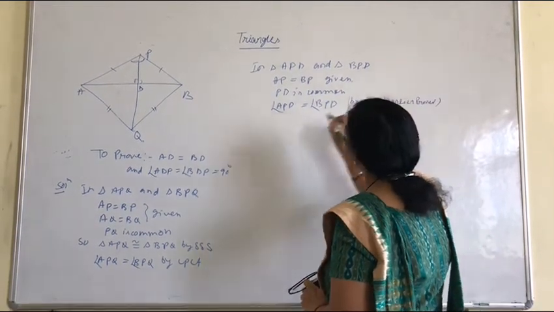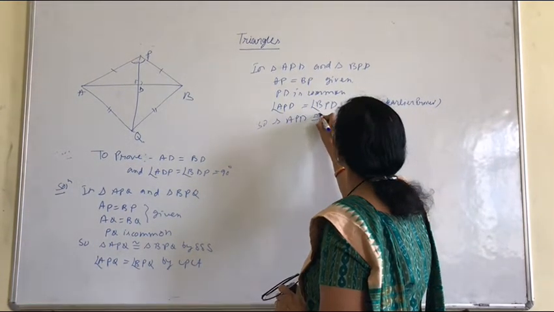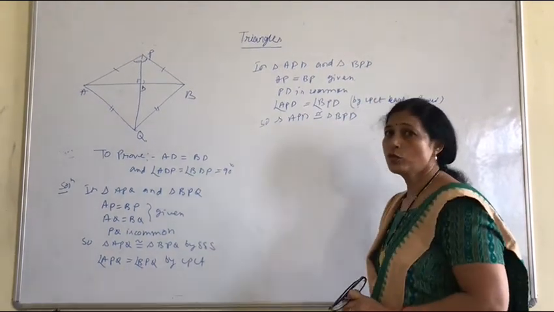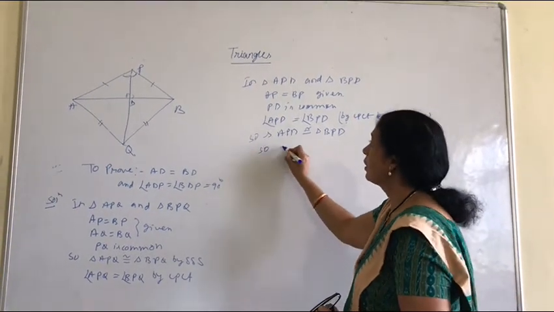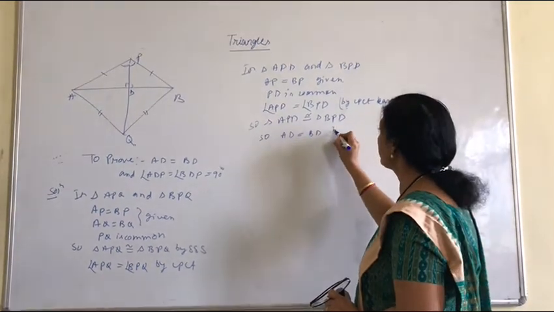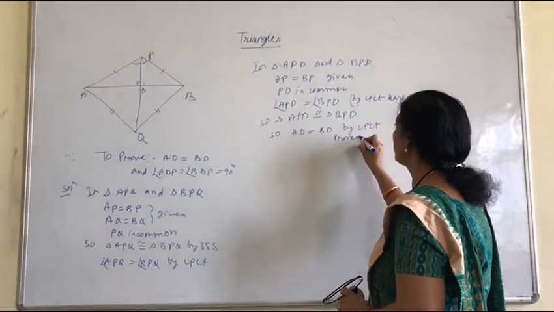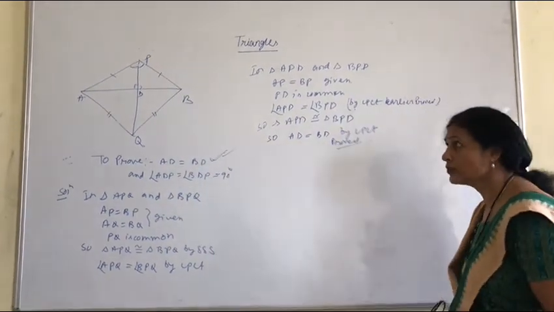Okay, so triangle APD is congruent to triangle BPD. These two triangles APD and BPD are congruent. So AD is equal to BD by CPCT. One proof is already done.